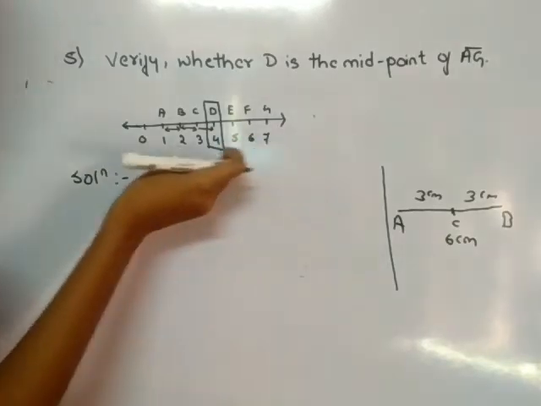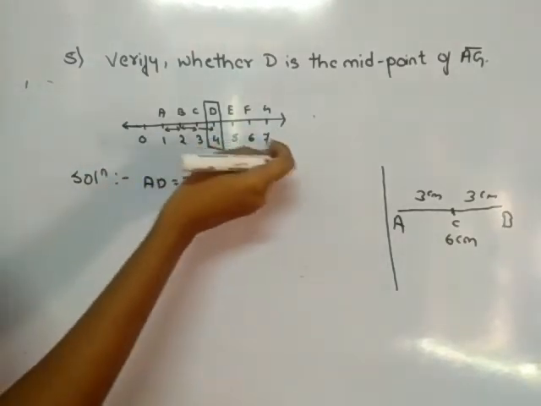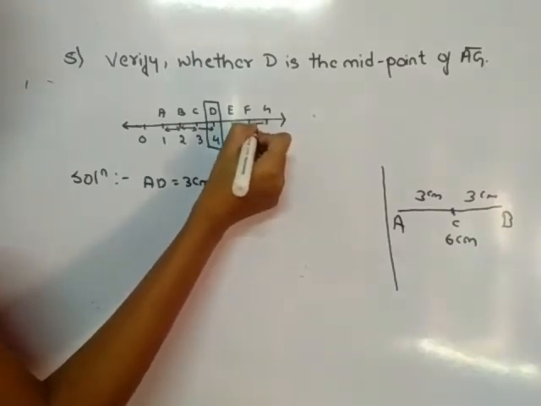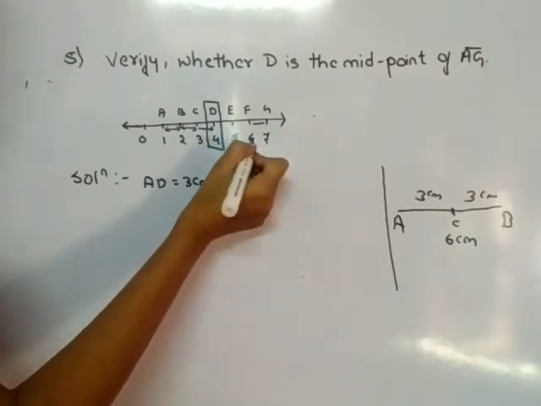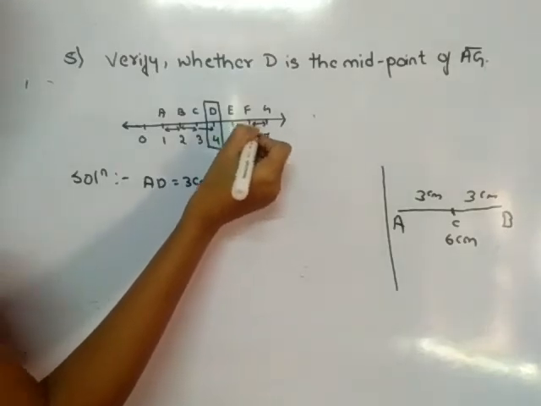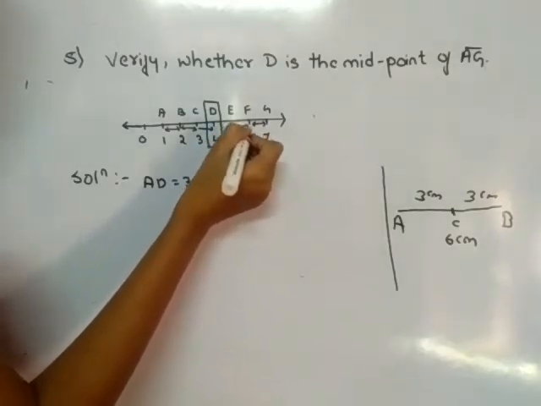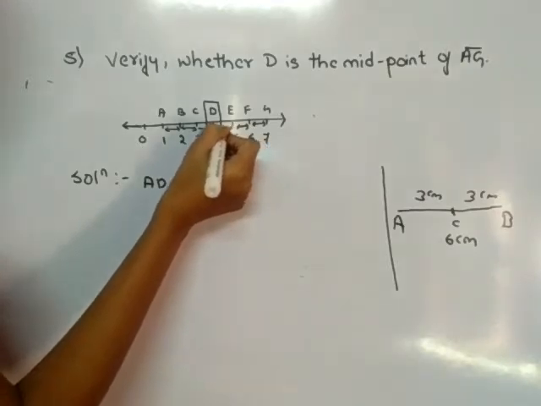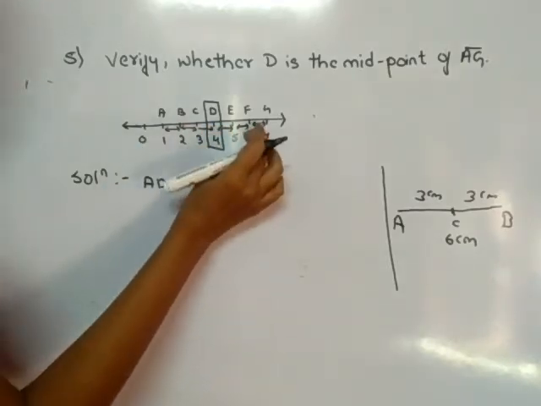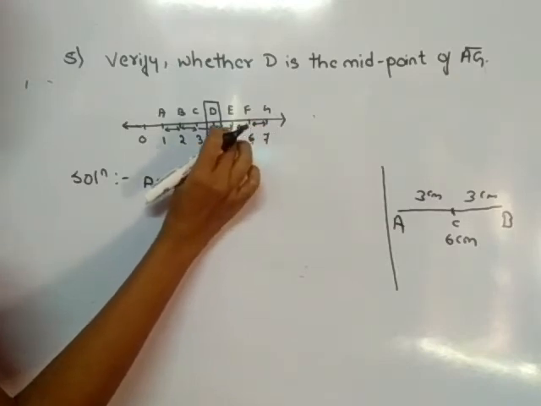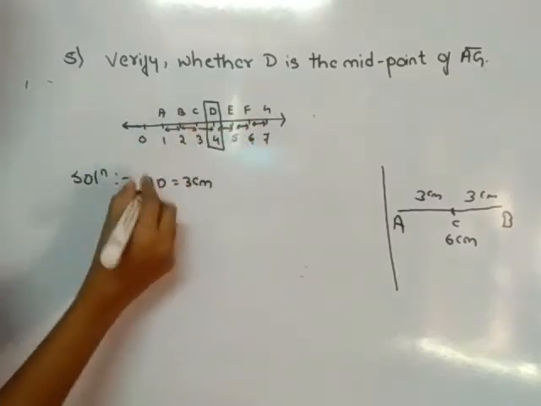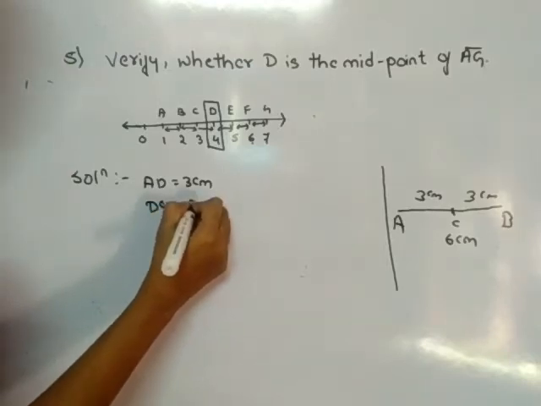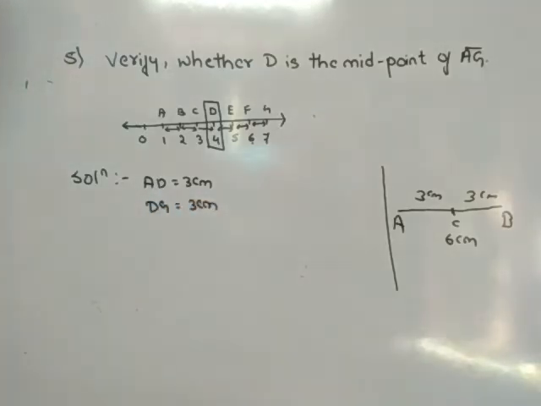And similarly we'll check from this side, from right to left we'll check. From here also you can see here 7 to 6 again it is 1 cm, again 6 to 5 2 cm, from 5 to 4 again it is 3 cm. Total there are how many? 1, 2, 3 cm, isn't it? So we can write it as DG is equals to 3 cm.